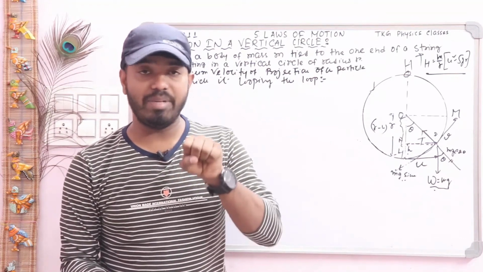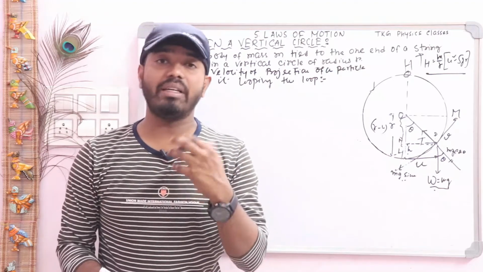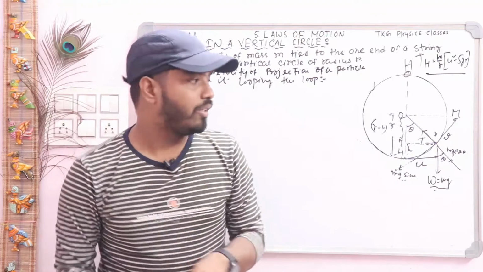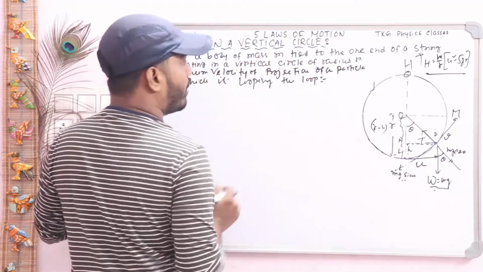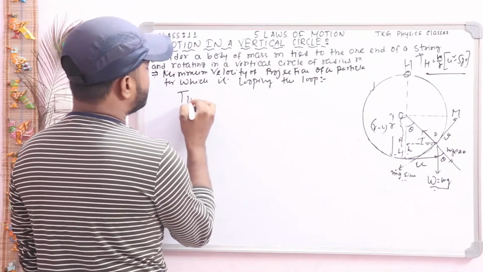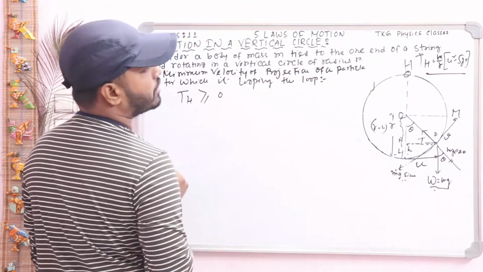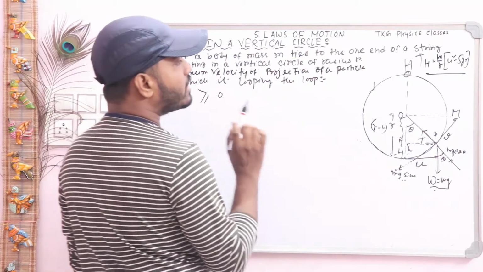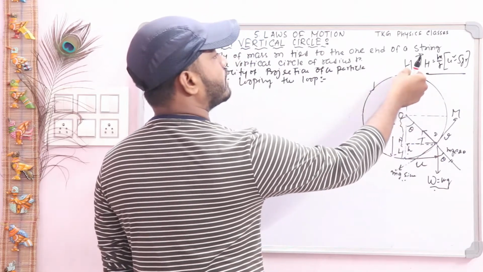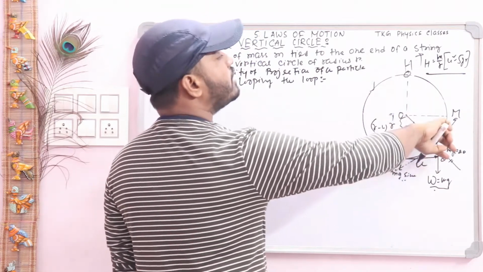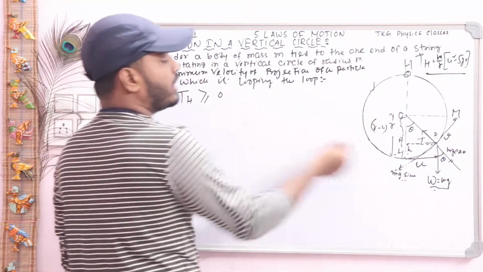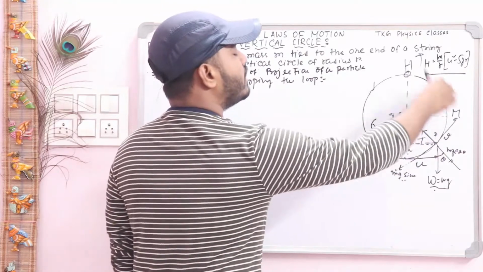This is the limiting case, tension 0, or you can write tension at the highest point is greater than 0. So according to our condition for completing the looping the loop, the tension at the highest point must be greater than or equal to 0. When tension is equal to 0, that means the body attained up to this position, tension 0. So it completes its path. This is the limiting case. But when tension is greater than 0, the body easily attains this circle.